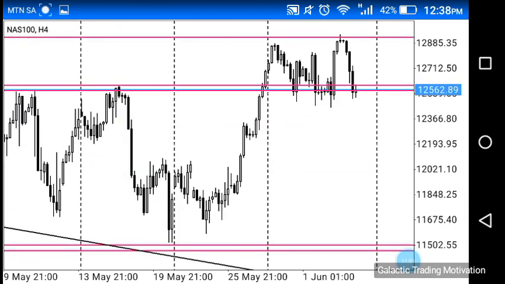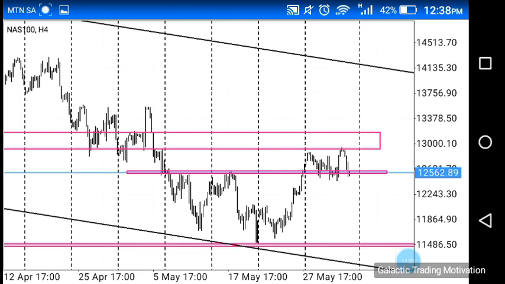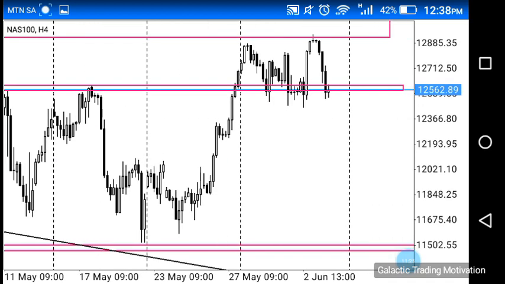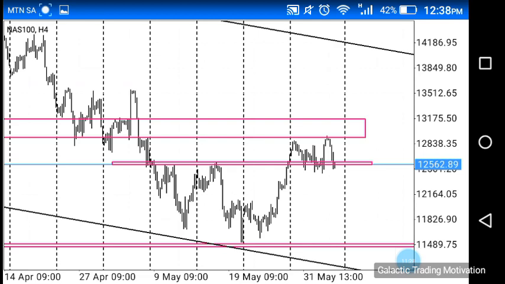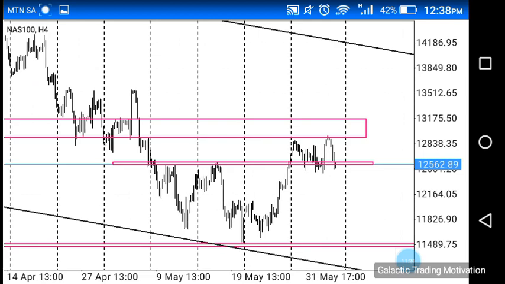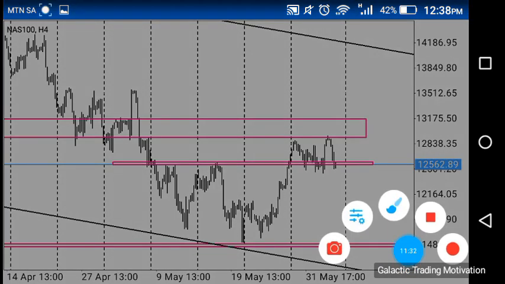The next thing that I'm going to do on this chart is add my H4 channel as well. So how would I add my H4 channel? This is how I would add it. Just bear with me.